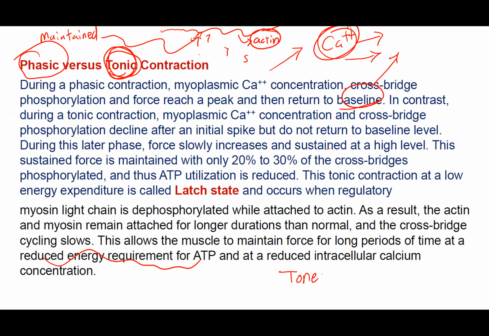That's what it means. Tonic equals always contracting. Okay, always contracting. Yep. Phasic means it's just a quick phase. It contracts quickly and it relaxes. That's the only difference between them. Got it?